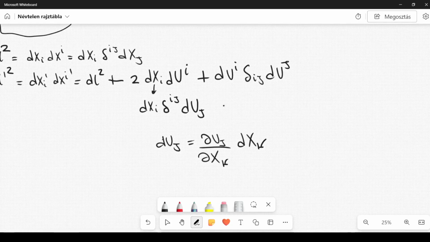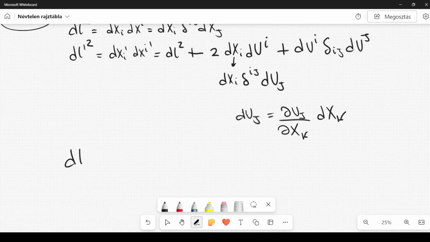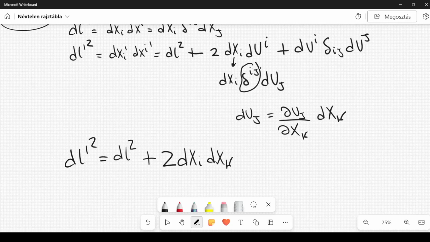And similarly I can do it in here as well, so I want to rewrite it as dl prime squared equal to dl squared plus 2, then I have dxi dxk, and then I can contract this delta with this duj here, so I can write dui over dxk like this.